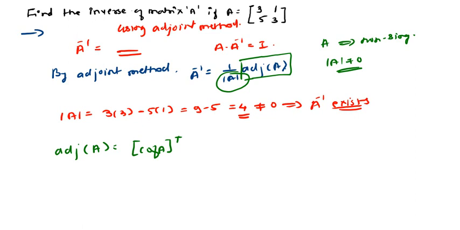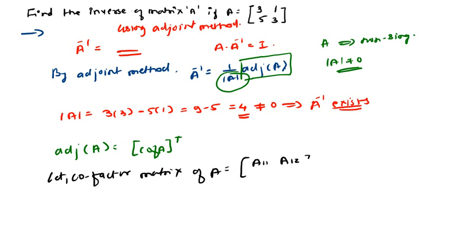So firstly, let the cofactor matrix of A be A11, A12, then A21, A22. Then we need to find the cofactor of every element which is present in this cofactor matrix.